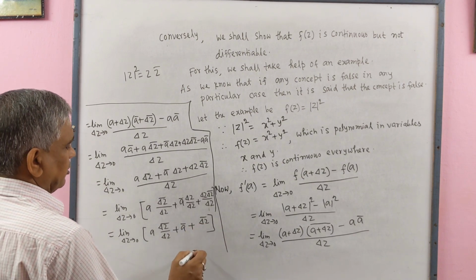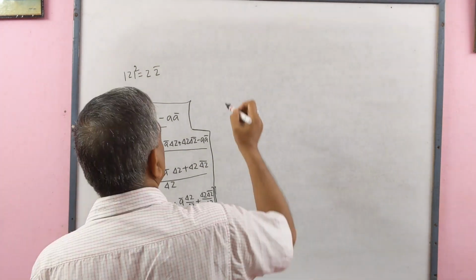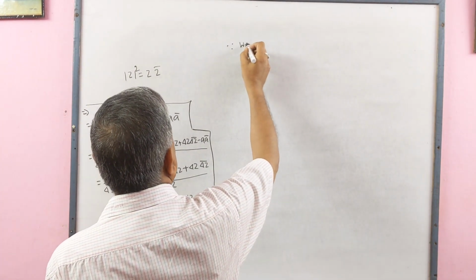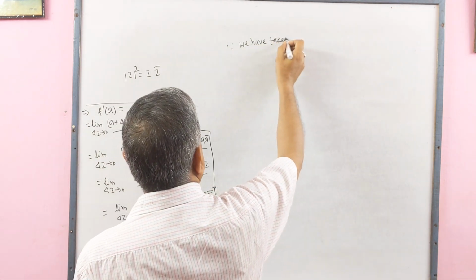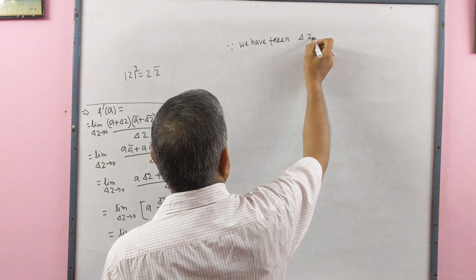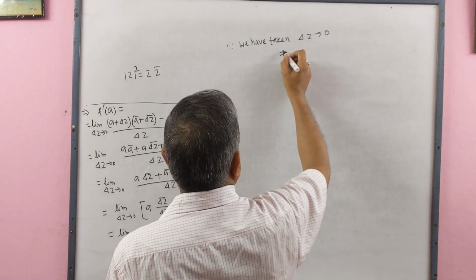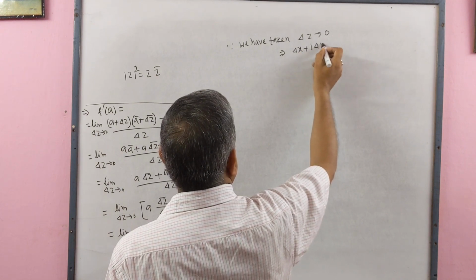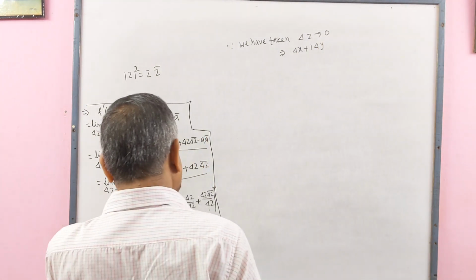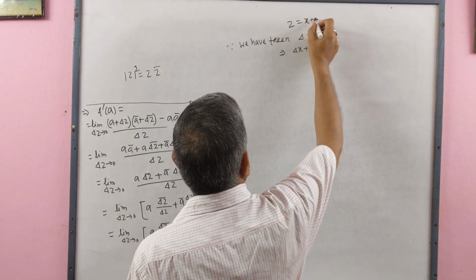Let this be number 1. Since we have taken delta z tends to 0, this implies that delta x plus i delta y tends to 0, since z equals x plus i y.